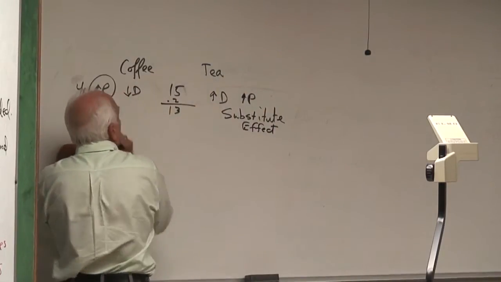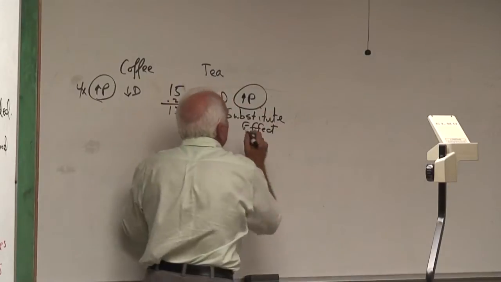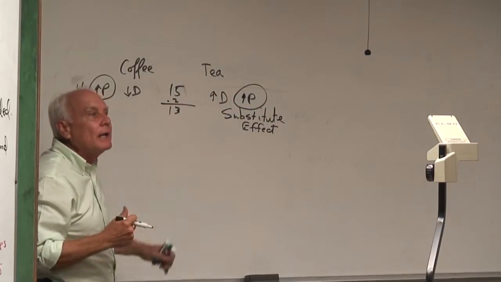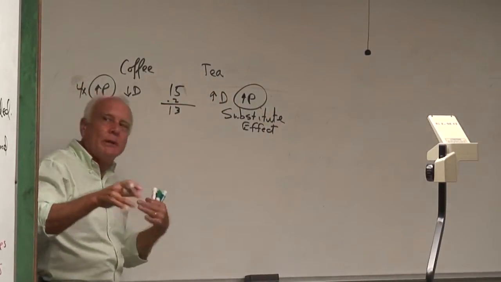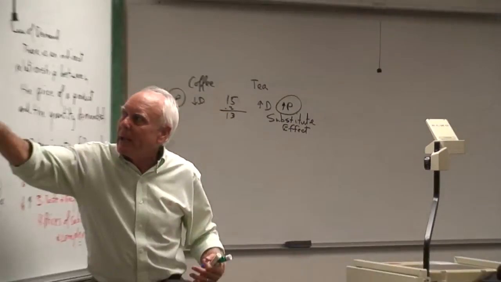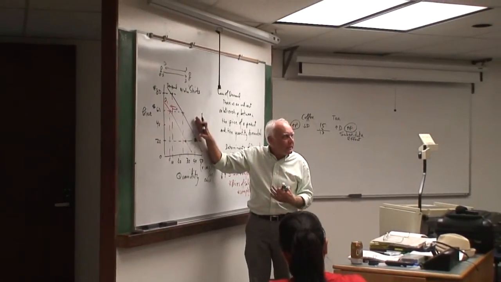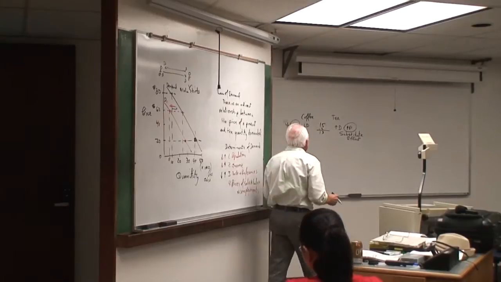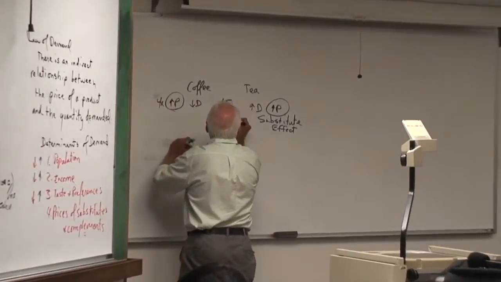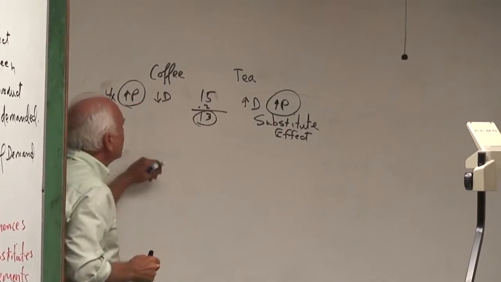The price of this product goes up, so the price of the substitute is also likely to go up to some extent. We don't know how much, but it's going to cause the demand curve to shift in this direction for tea.